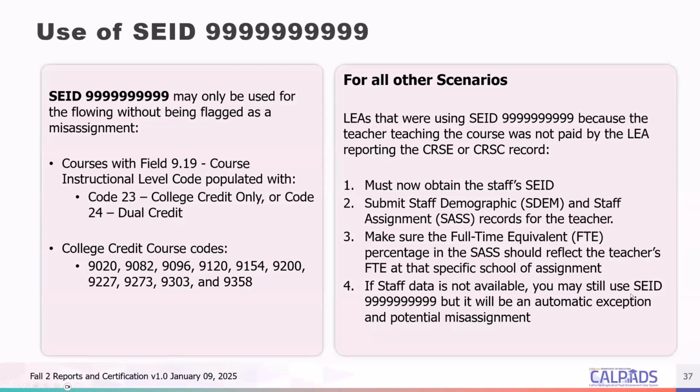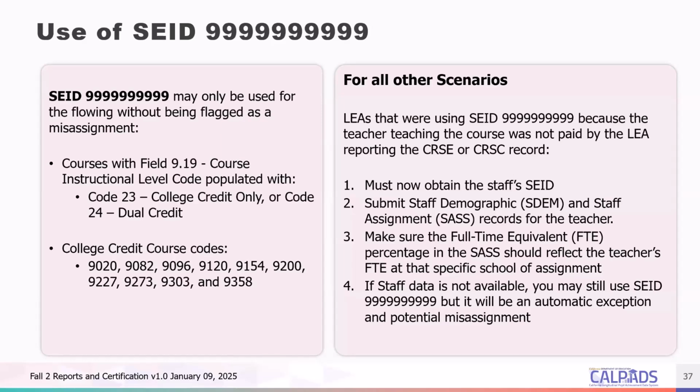All right. The use of seed 999 is a generic seed. It's multi-purpose, used to report any staff member that teaches, because it's used in the course record. It's only there to provide a way to show the instruction to a student when there's a staff member with no seed.